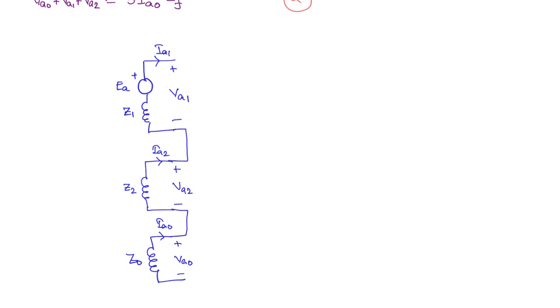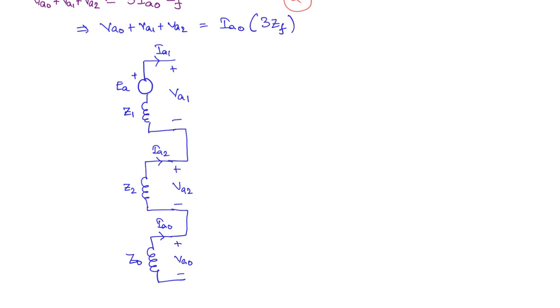Okay. Next, when you add all these three voltages, what is it equal to? 3 IA0 ZF. Now the current that is flowing is IA0 or IA1 or IA2, it doesn't matter because all three are equal. So you can write VA0 plus VA1 plus VA2 as IA0, because that is the current flowing into 3 times ZF, right?